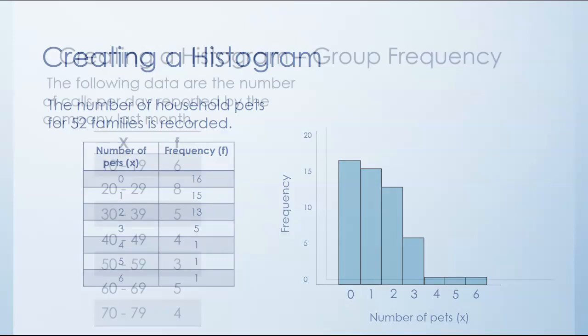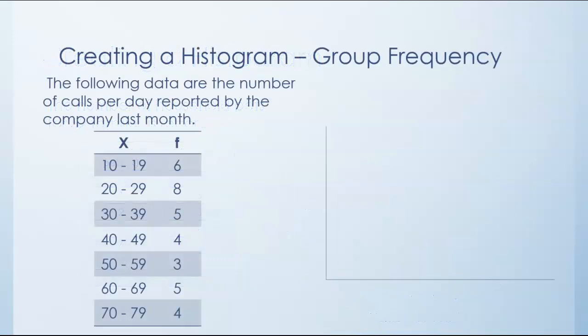Okay, so let's look at another histogram. The following data are the number of calls per day for a company. Again, along the x-axis, we're going to put the number of calls per day, and what we're going to use are those classes. So I've got 10 to 19, 20 to 29, 30 to 39, 40 to 49, 50 to 59, 60 to 69, and 70 to 79.